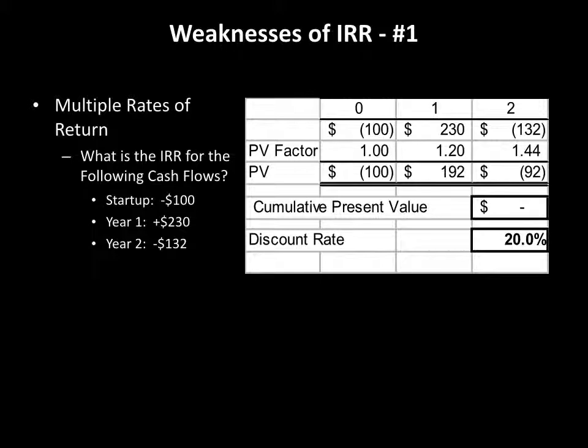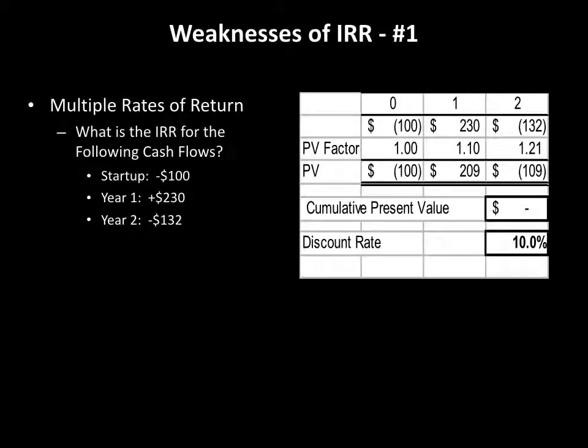So here you can see we spend $100,000 in year 0. We have a cash inflow of $230 in year 1, but we lose $132 in year 2. Well, if we were to trial and error different discount rates, if we use 20%, that would give us a 0 net present value in this example. In other words, 20% internal rate of return. However, if we also were to put in a discount rate of 10%, we'd get the same result.